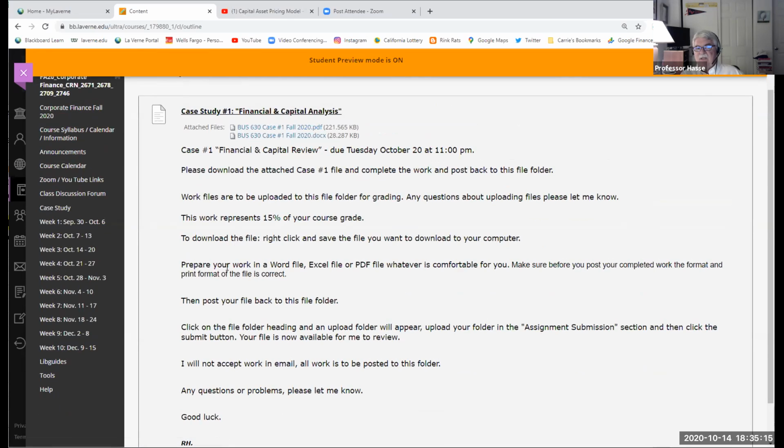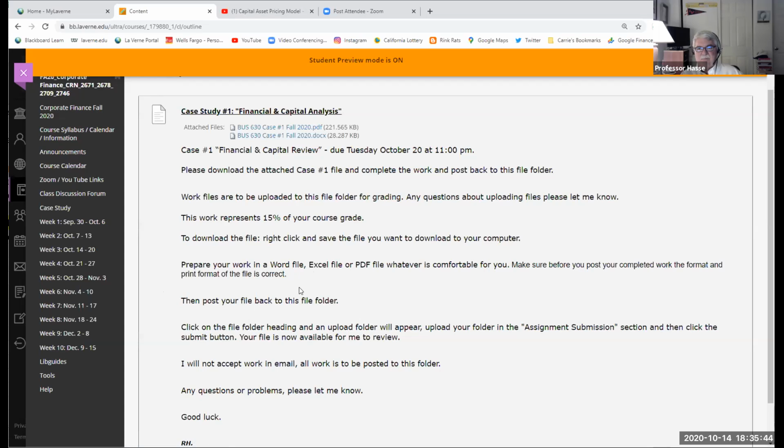You can use any format of giving me your answers. You can use a Word file right on the document I gave you. You probably won't have enough room, but you can do it that way. You can write out something in a Word file and then give me an Excel file with some of your calculations or analysis. You can give me the 2 files, you can give me 1 file. You are the determinant of how you present this.